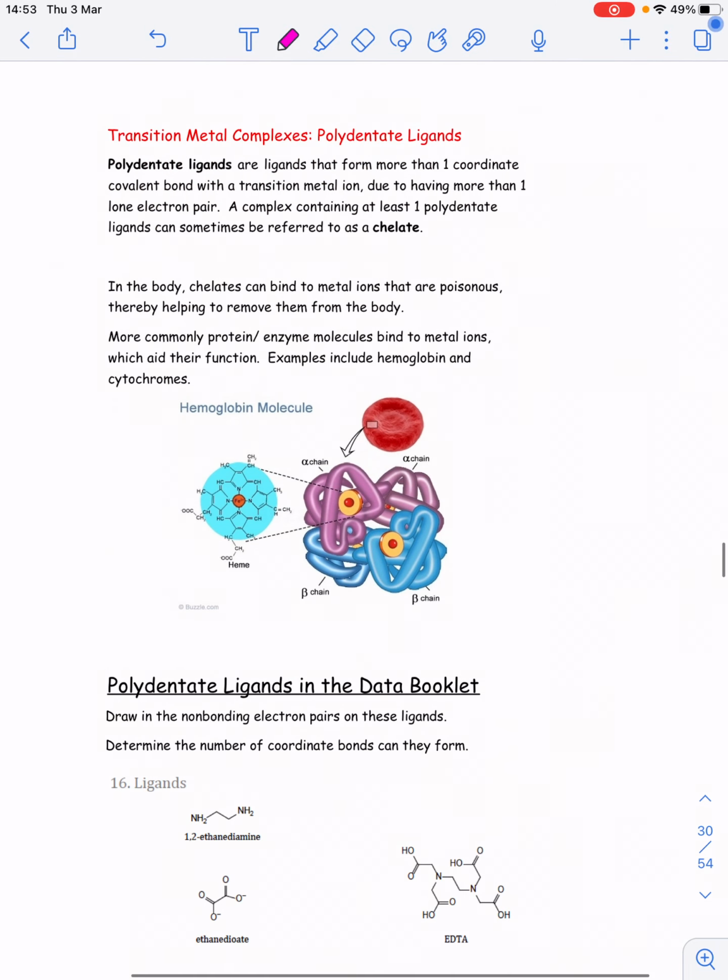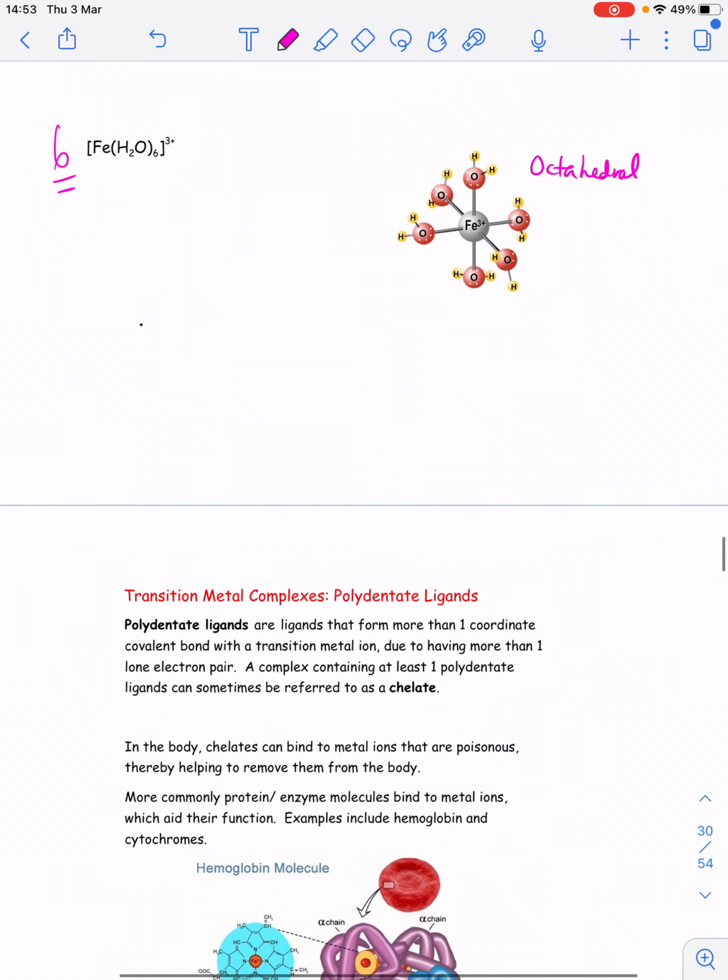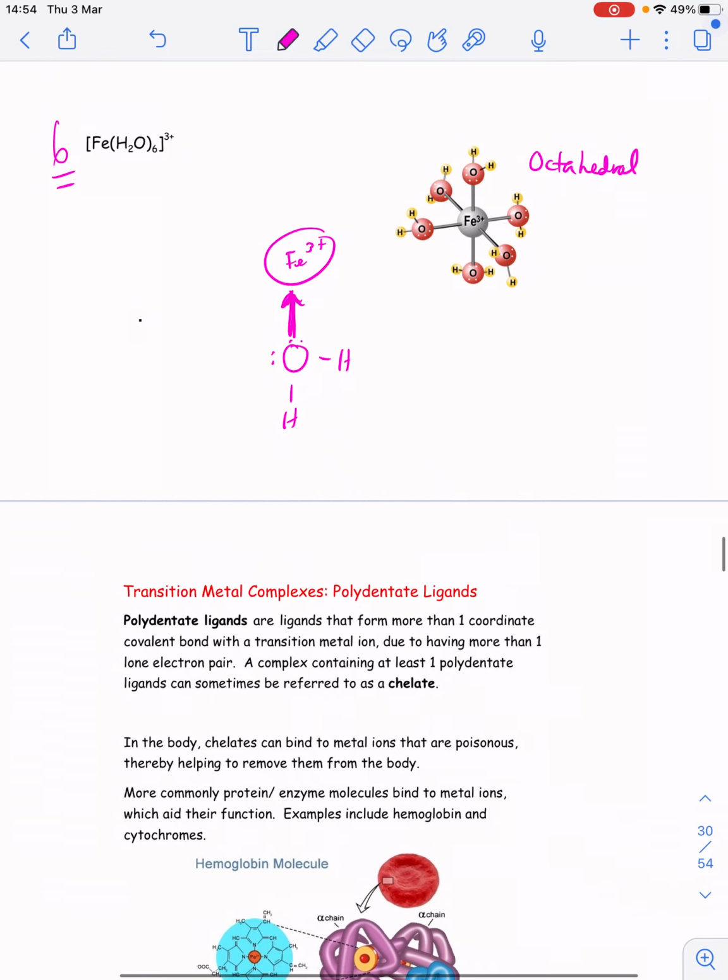Okay, final bit about complexes. Those ligands, all the ones that we've looked at so far, each ligand forms a single coordinate covalent bond with the metal ion in the center. So here's the iron, and each water ligand is just forming one bond with the iron.